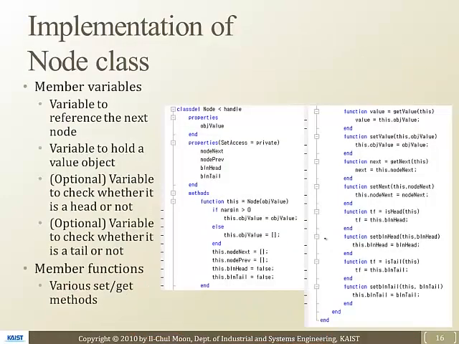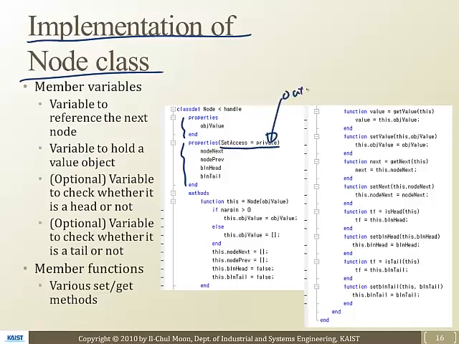And actually, let's see it as code. Let's see the implementation of the node class, right? So we have member variables. We have these properties, right? And this set access private means that outside of this class, access to these properties is not available.